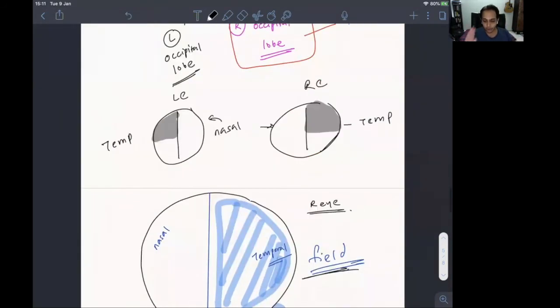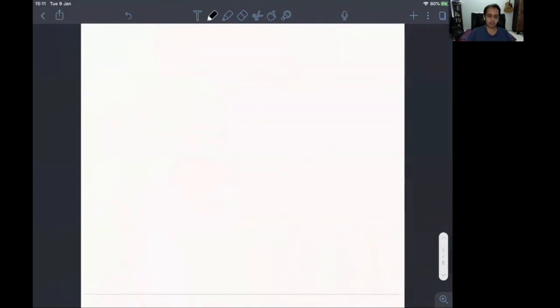Now, how do you test hemi neglect? You ask the patient to keep both eyes open, and you wave your fingers on both sides. In a mild case of hemi neglect, if you wave the finger on only one side, he'll be able to see it on both sides. But if you move both your fingers together, you have something called sensory extinction.